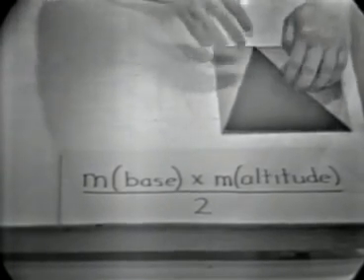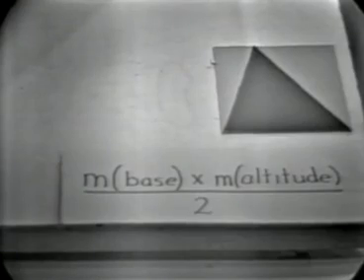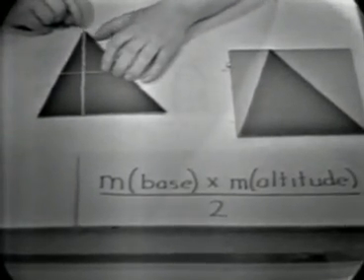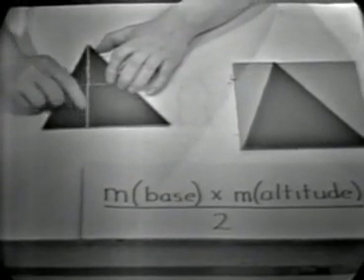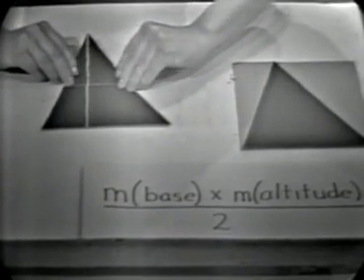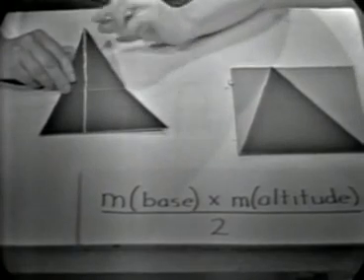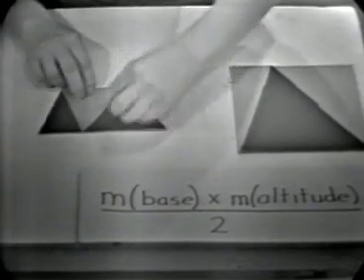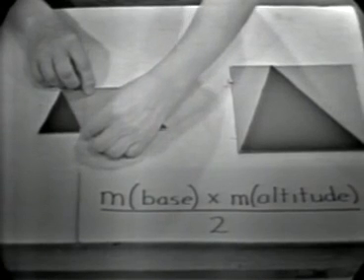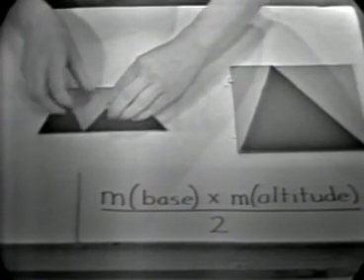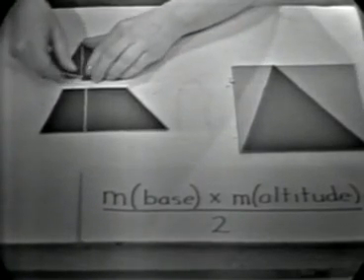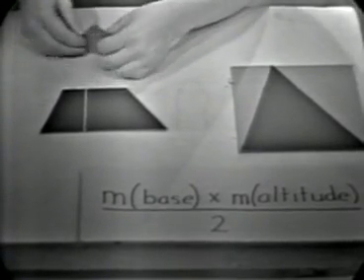But consider still another model. This time, let's think of the altitude again. And then let's think of folding this model so that the vertex of the altitude coincides with the intersection on the opposite side. Think of cutting along this line.